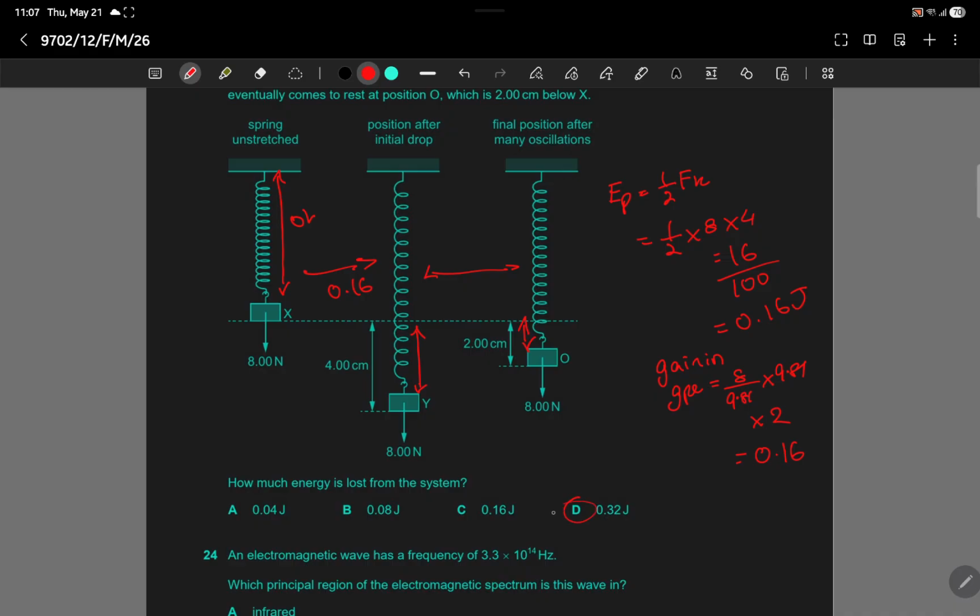So the answer is D, since 0.16 plus 0.16 is 0.32.